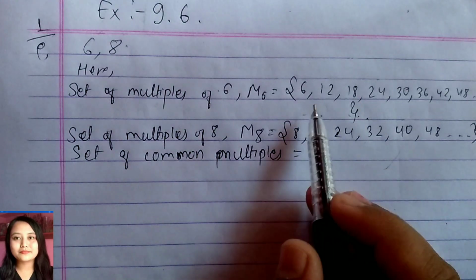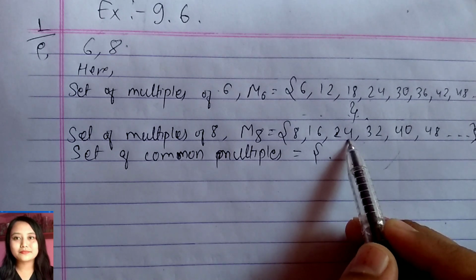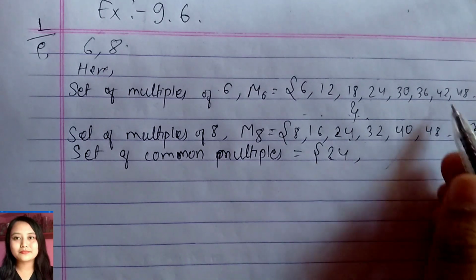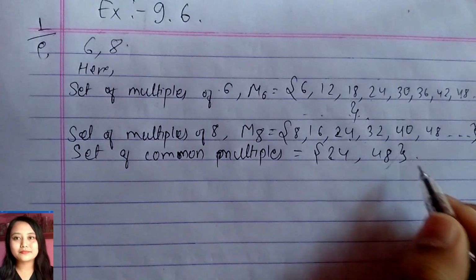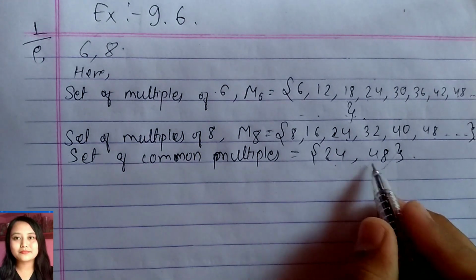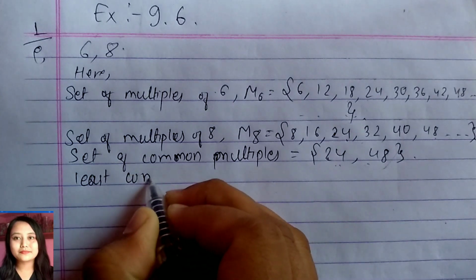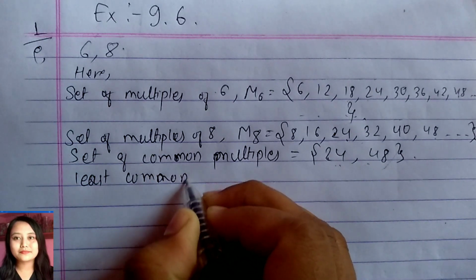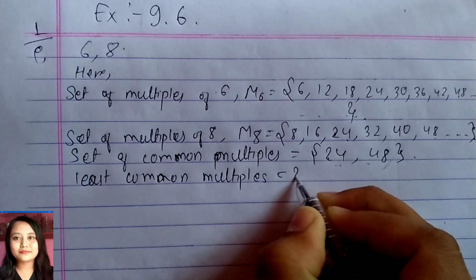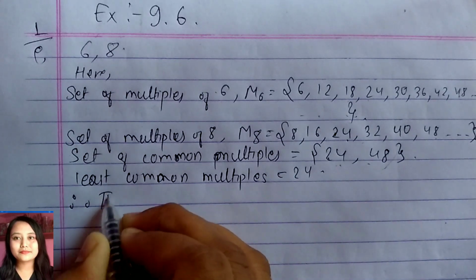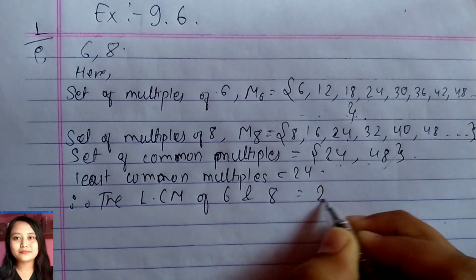Here we can see 24, and here also 24 is there. And again 48, and here 48 is there. So 24 and 48 are the common multiples we have found. Among these, 24 is the smaller, so the least common multiple equals 24. Hence the LCM of 6 and 8 equals 24.